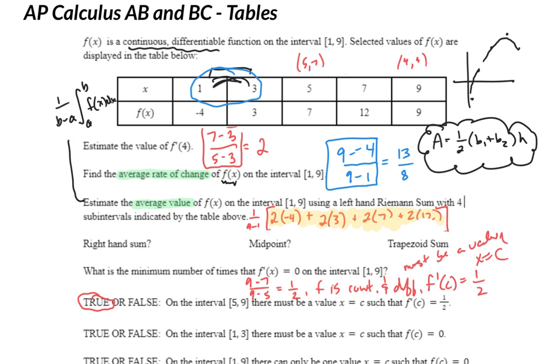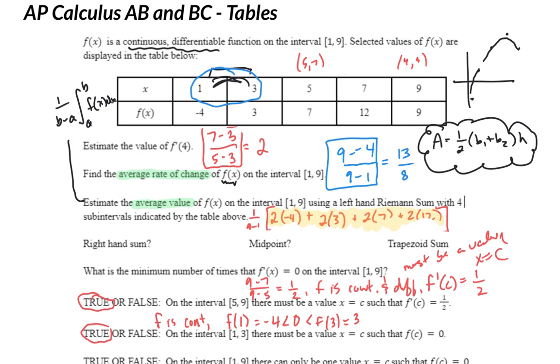Now, the way I would write that, if this were like a free response or something, is I would say something like f is continuous. I would say that the value at 1 is -4, and the value at 3 is 3, and that the value you are asking me about is between those two y values, right? The question was asking me about 0.